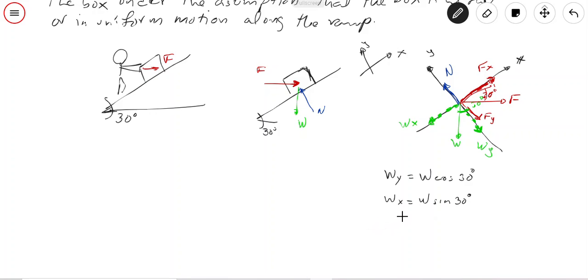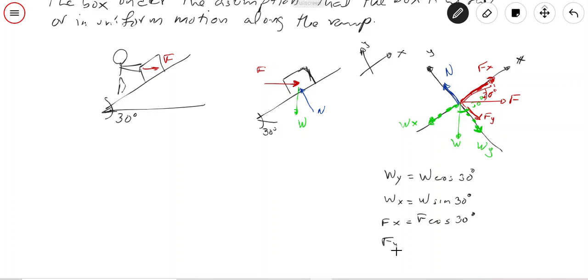We do the same for the force F. So Fx, there is this component over here, is adjacent side to the angle of 30 degrees of F with respect to the x-axis. So Fx is F cosine of 30 degrees. And then Fy is going to be the same, this segment here would be opposite to the angle of 30 degrees.